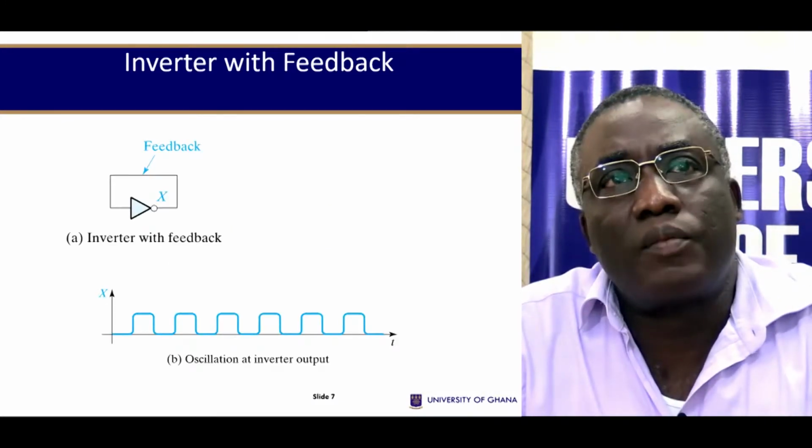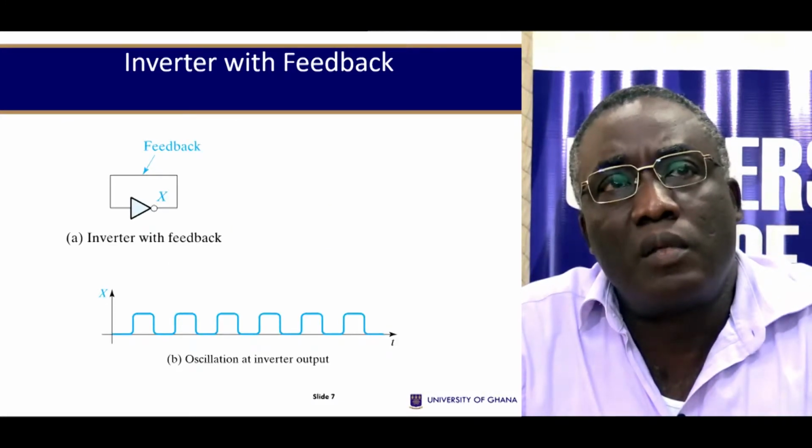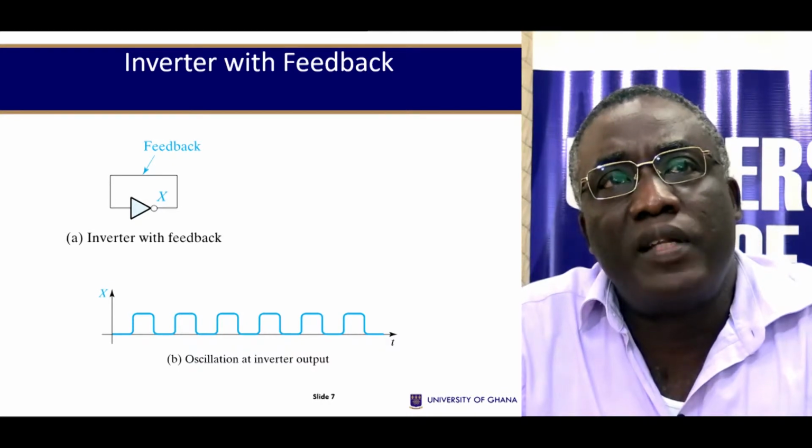Now, a simple thing: you have an inverter and you feed this back into it. Let's say you have a 1 at the input here. If you have a 1 at the input of an inverter, that gives you a 0.